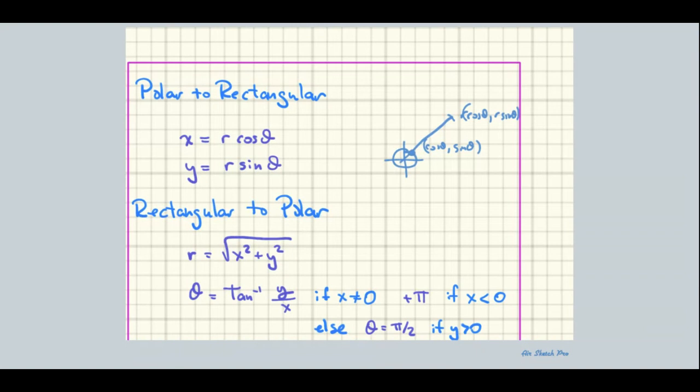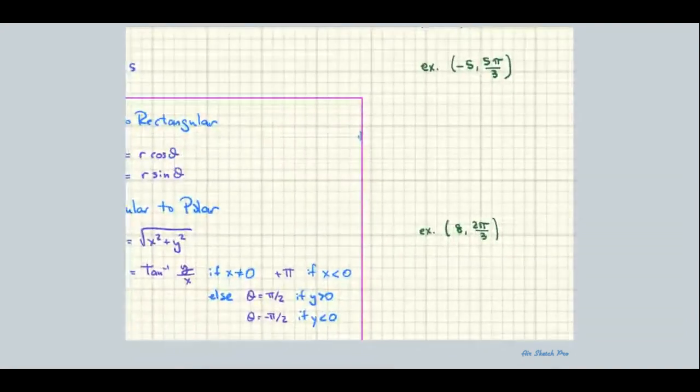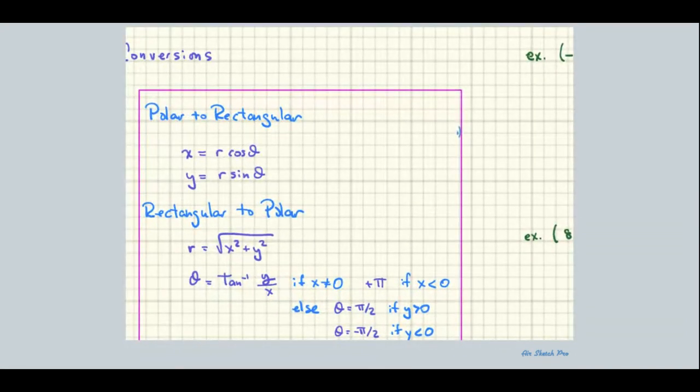It all comes down to the same thing: x is r cosine theta, y is r sine theta. Cosine is an x thing, sine is a y thing, scale times r. So that's easy. If you're going from polar back to rectangular, just grab your calculator and go, or if it's a principal angle, just work off the principal angles and you're there.